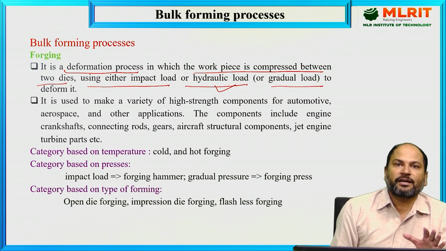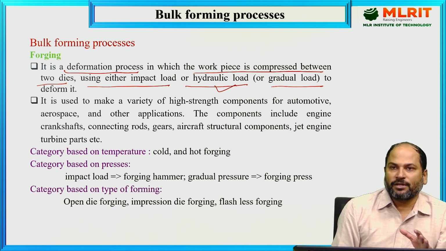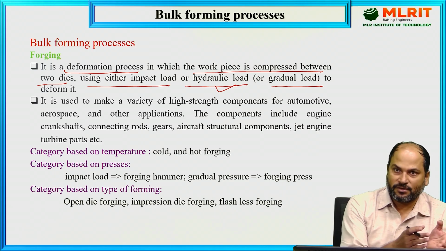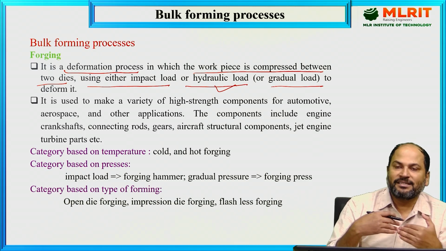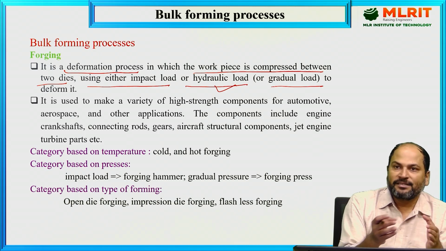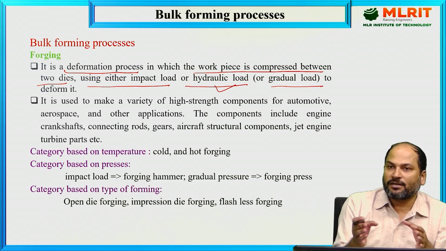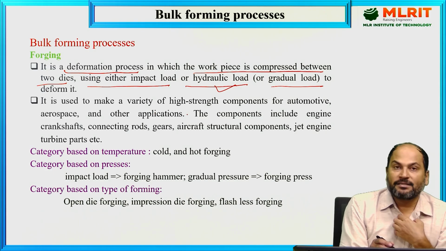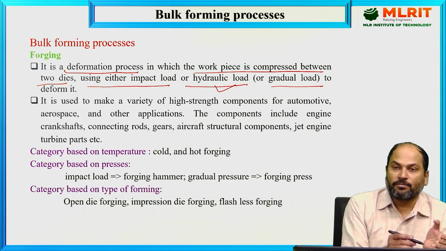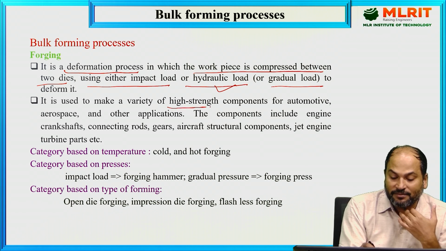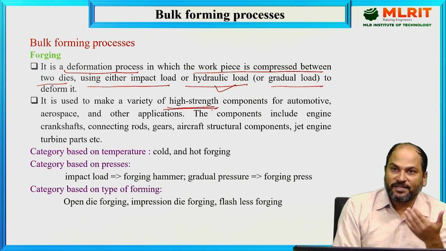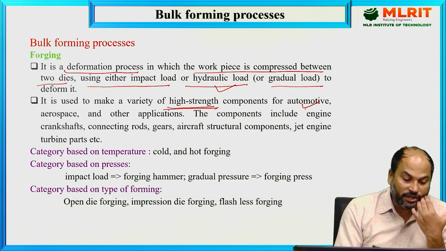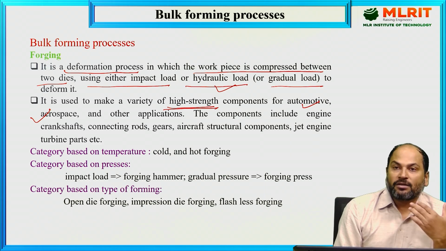It is used to make a variety of high strength components. So what happens through casting? Suppose we have produced a component, that was the primary manufacturing process. To increase strength or impart other properties, these are the secondary processes which are generally done on the component. So forging is generally used on those kind of components to increase the strength of the component, especially in those kind of applications where, for example, we are using a component in automotive, or in aerospace or some other applications.